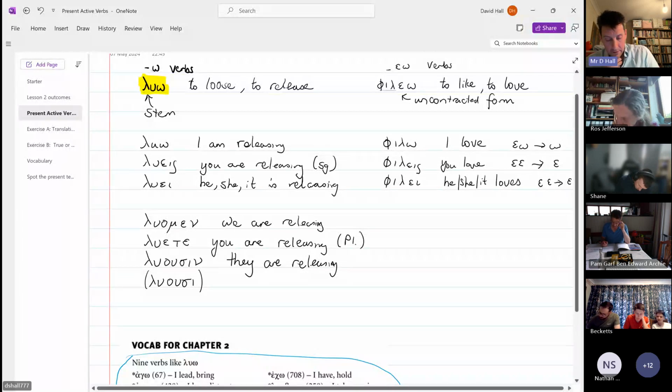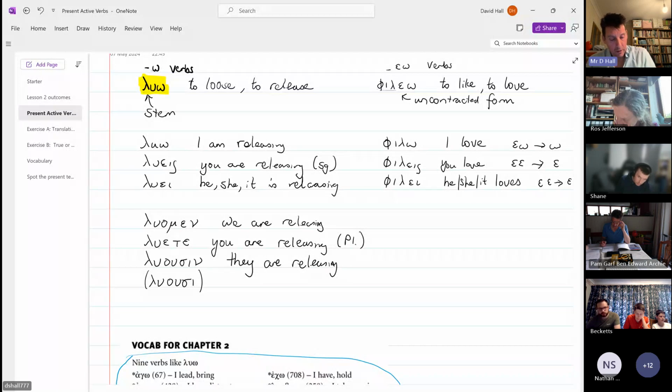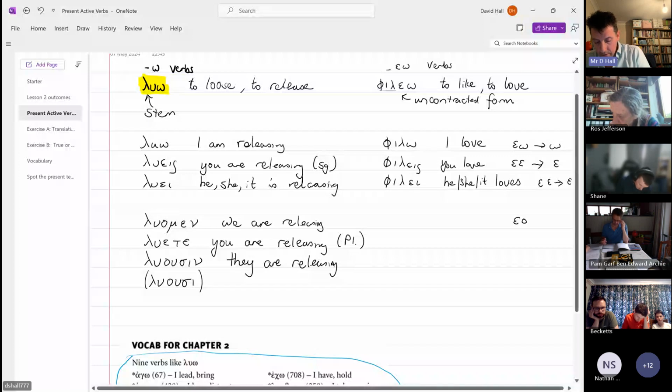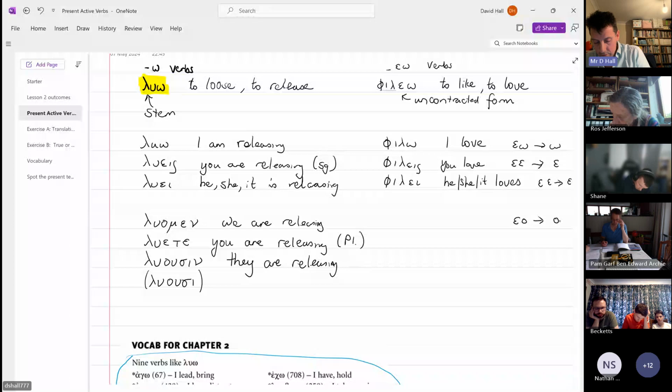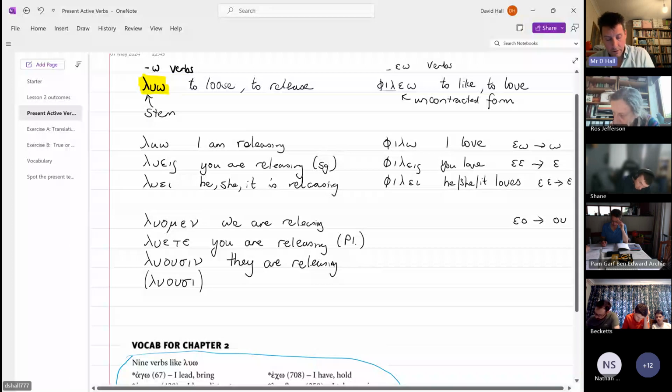Now, what happens when we get to the plural, though, is the contraction. Now we have an epsilon and an omicron, and the epsilon is going to contract into this. So the epsilon omicron is going to go into omicron upsilon. So what does that look like?